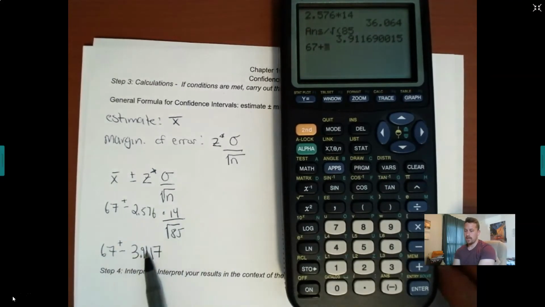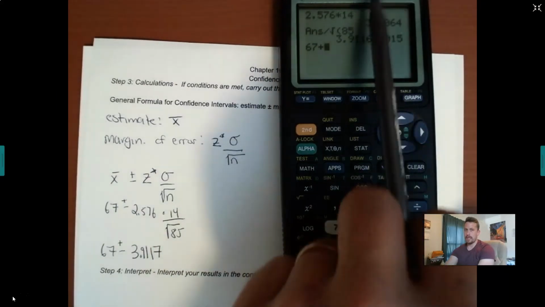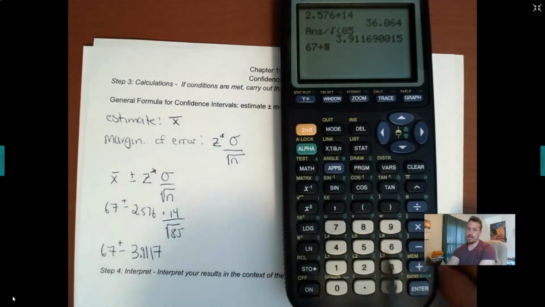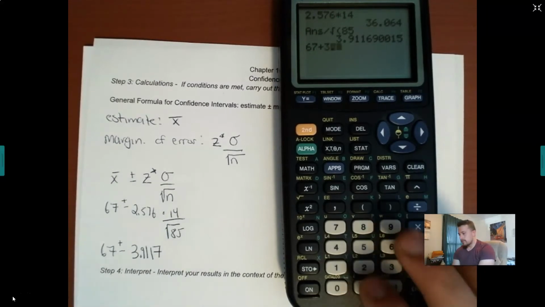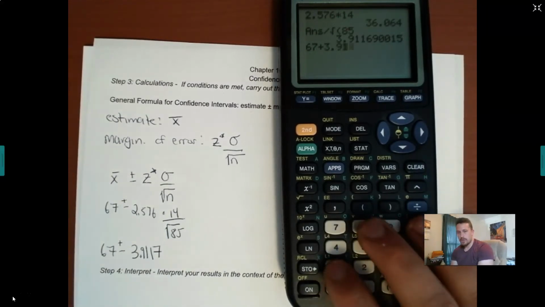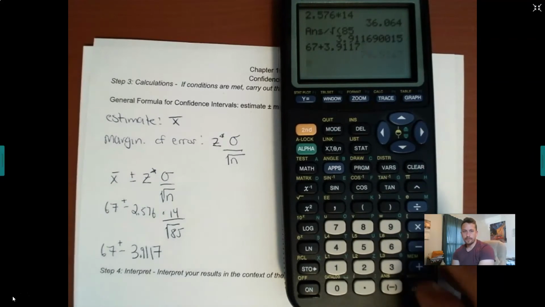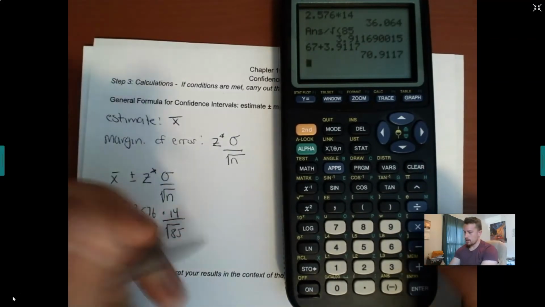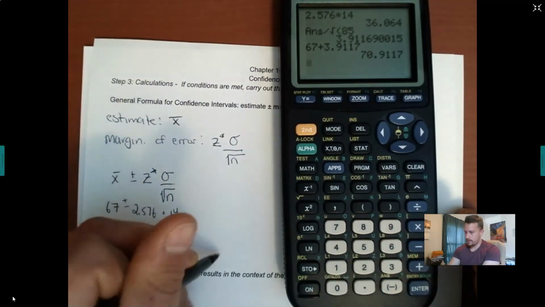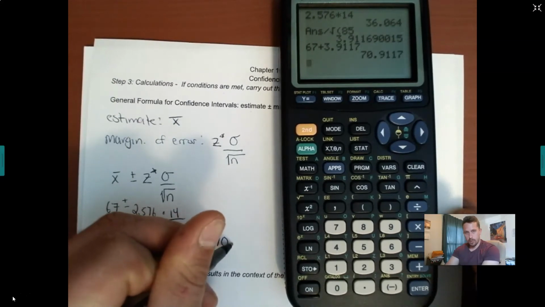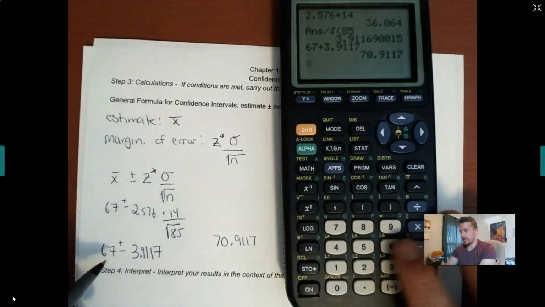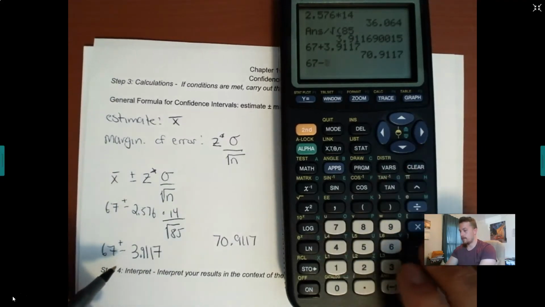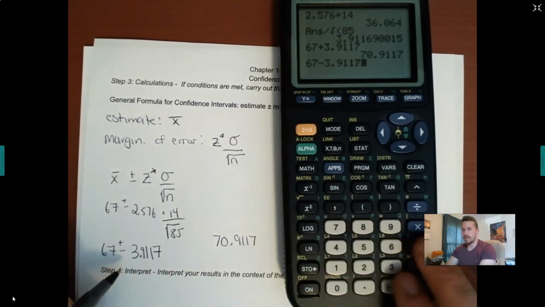The only pain about that is when you go to subtract it and you want to take previous answer, it's not going to be this anymore because I'm going to have a bunch of calculations. So I'm not going to be as picky about that. I'm just going to go with this. So when we added, we have 70.9117, and then let's do the subtraction. 67 minus 3.9117.